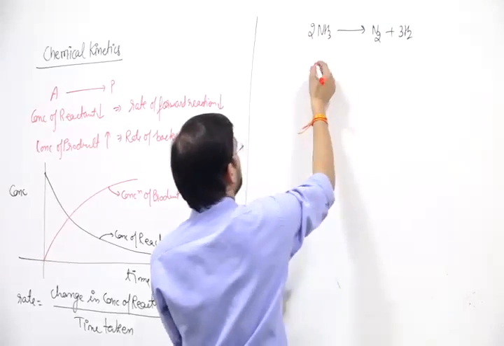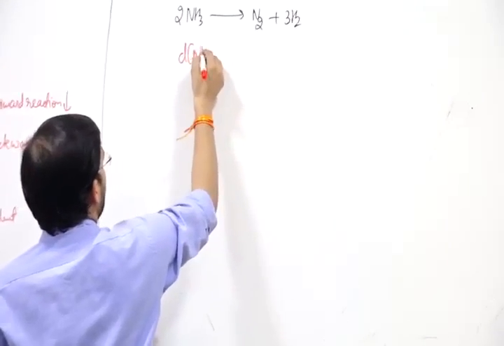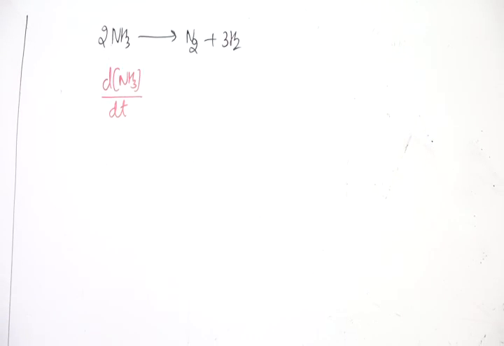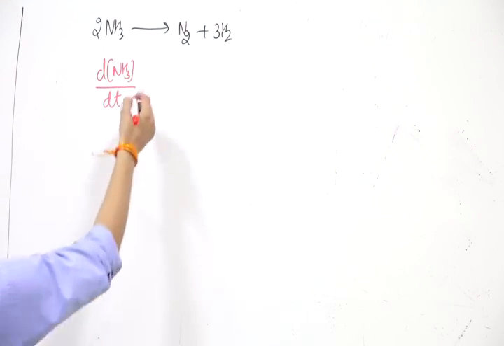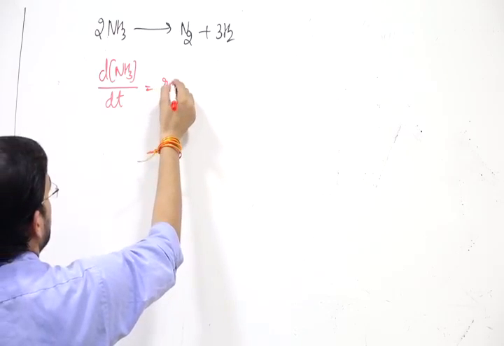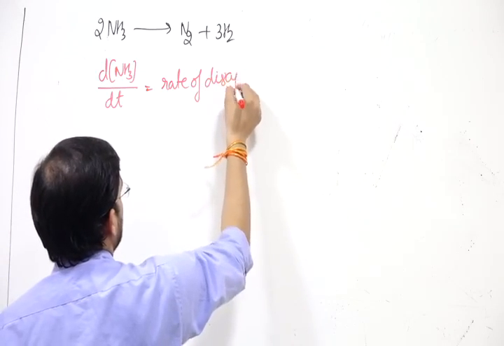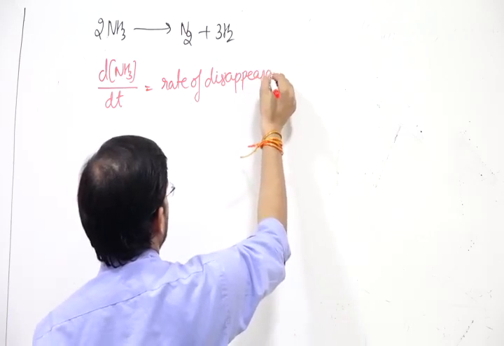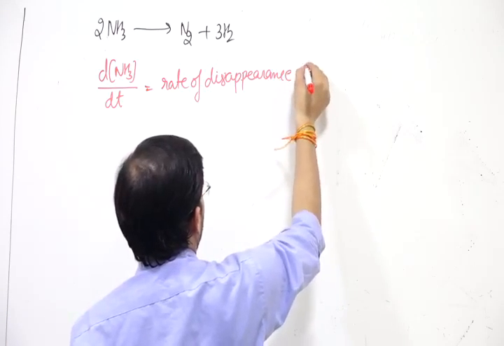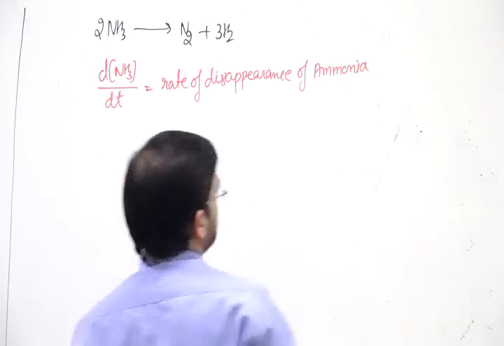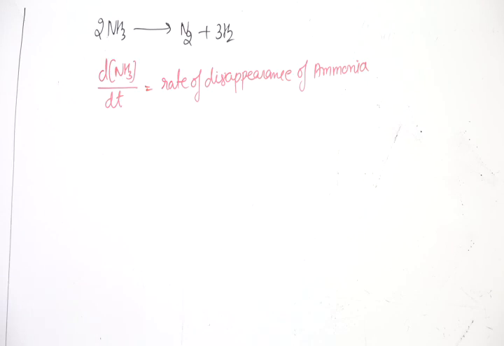So we'll write d of NH3 by dt. This is known as rate of disappearance of ammonia.